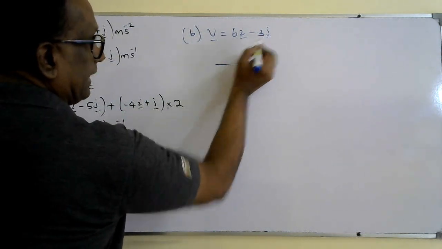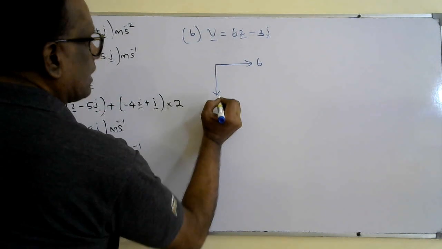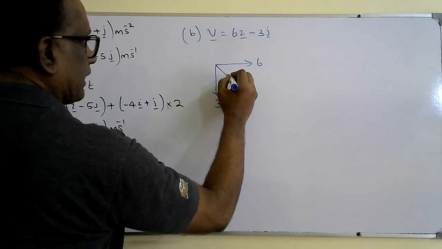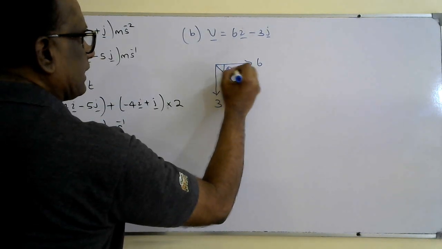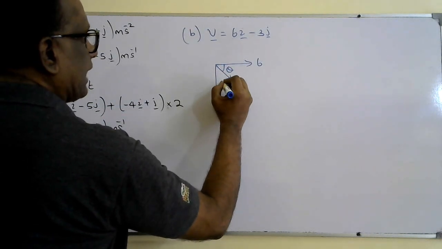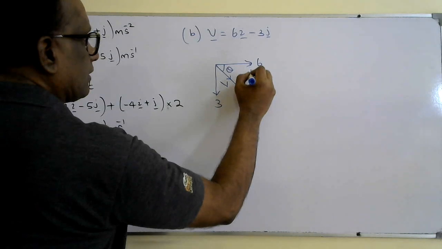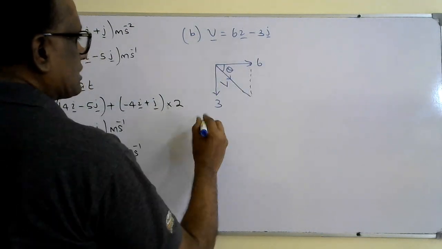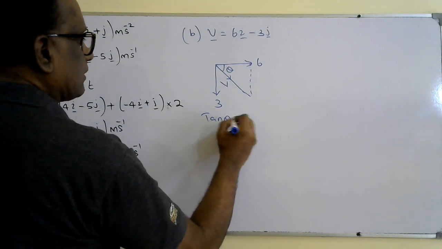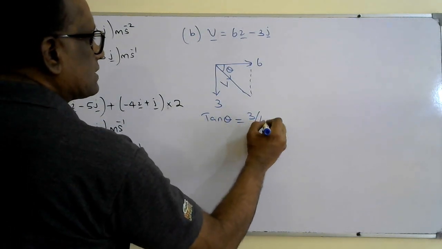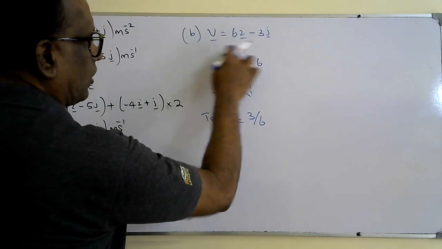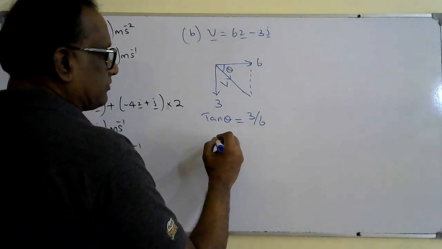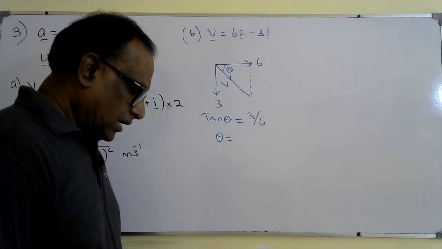In the direction of negative j, the magnitude is 3. So the resultant velocity will be along this way. This angle theta is the actual velocity direction. So this is 3, this is 6. So tan theta is 3 over 6, opposite 3 over adjacent 6. So tan theta equals half.